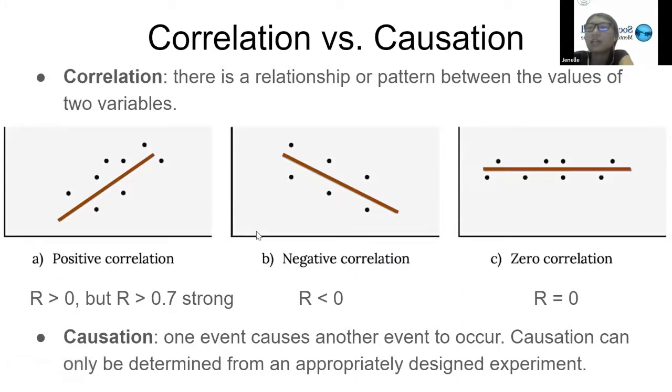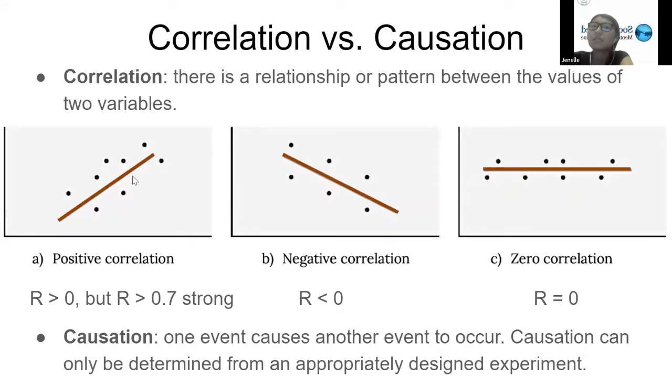Let's say the x-axis is going positive and then the y-axis is going negative, so in the opposite direction, then you would have negative correlation. And the way to indicate negative correlation by the R value is when it is less than 0. And then 0 correlation, when it doesn't seemingly have a relationship with the values, is when R is equal to 0.